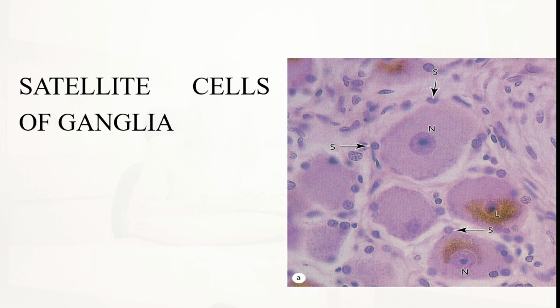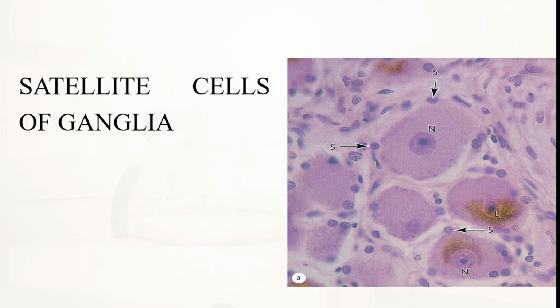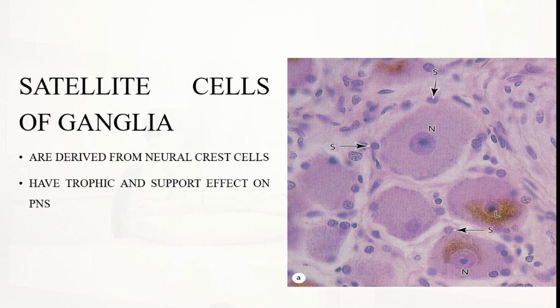So we are done with the Schwann cells. Then you have the satellite cells of ganglia. These are derived from neural crest cells and have a trophic and supportive effect on the PNS.